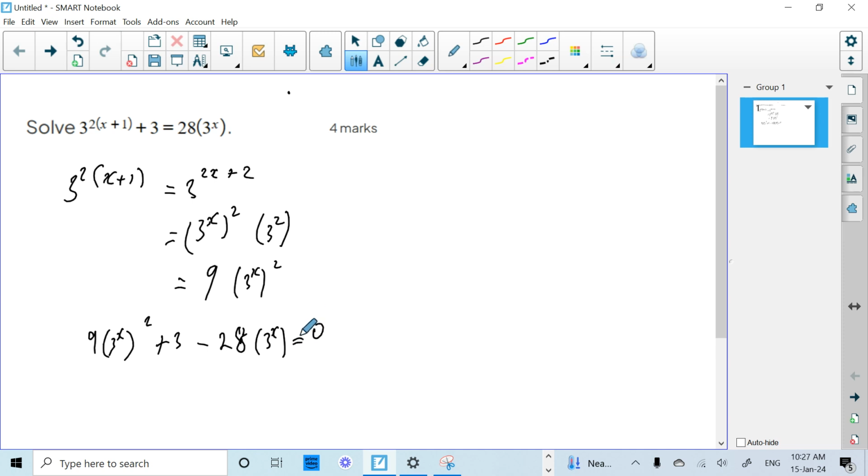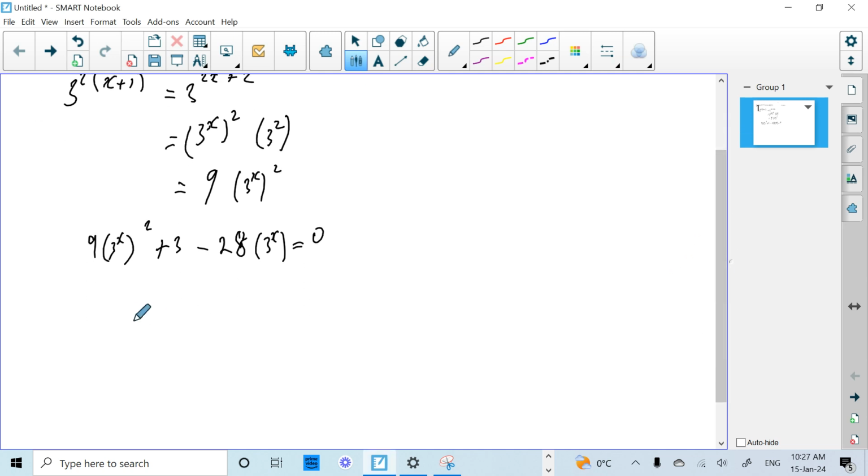Now, I can substitute y is equal to 3 to the power of x, because that's what we really want. So if I just tell the examiner, excuse my writing, substitute y is equal to 3 to the power of x.